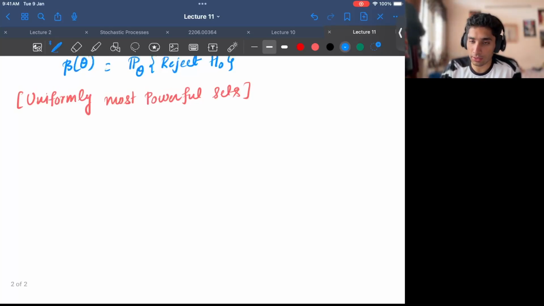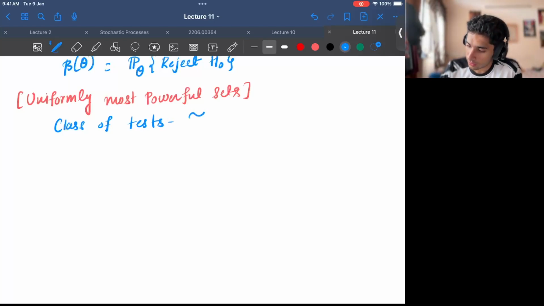So let's say there is a class of tests. Let's denote it by this calligraphic T. You say that in this class of tests, a particular hypothesis test with power beta is uniformly most powerful if it has higher power than all other tests in that class.